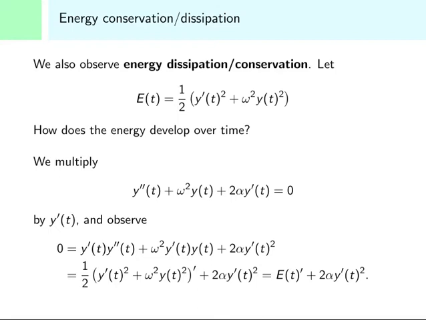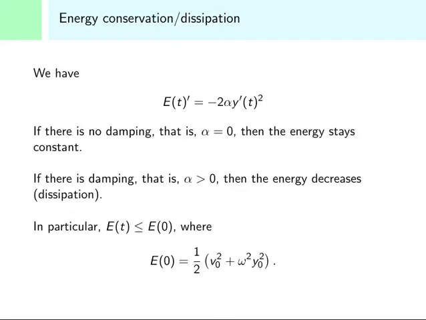And again, the first two terms are a derivative. That equals 1/2 of the derivative of y'(t) squared plus omega squared y(t) squared, plus that remainder term 2 alpha y'(t) squared. Now we readily observe that the first 1/2 of a derivative is just the derivative of the energy E(t), and then plus 2 alpha y'(t) squared.